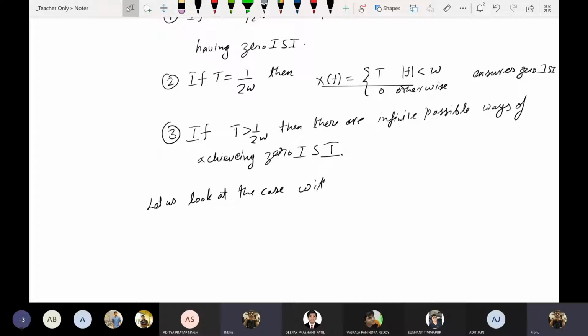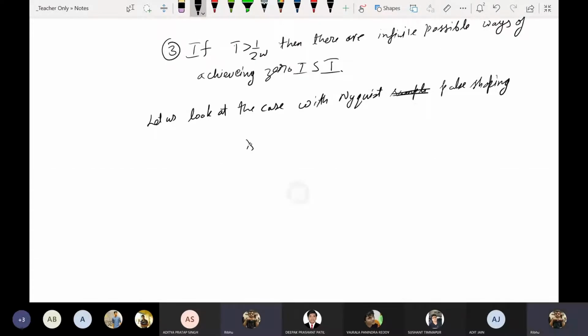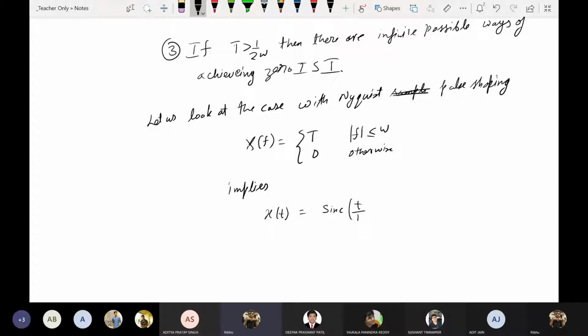case with Nyquist sampling, or rather Nyquist pulse shaping. We see that, right?